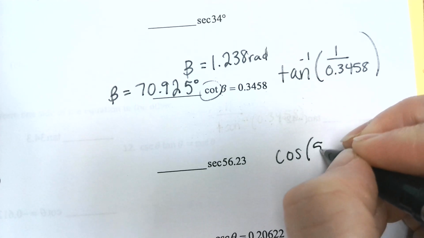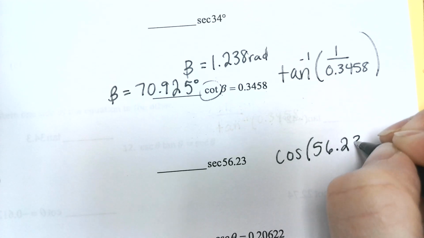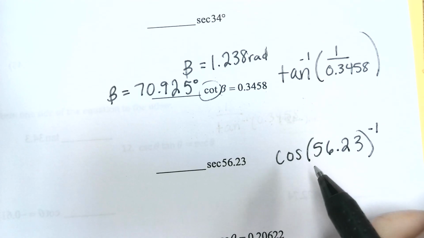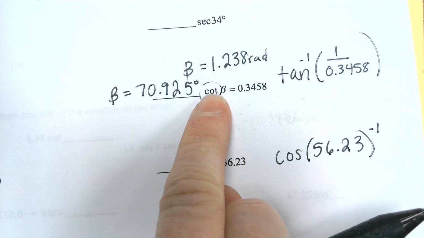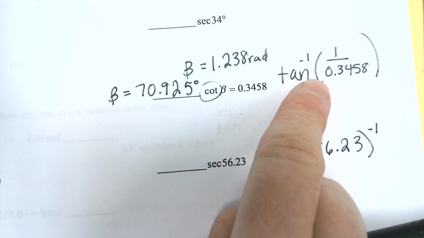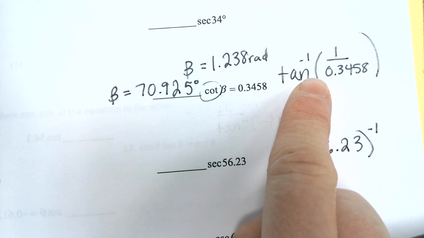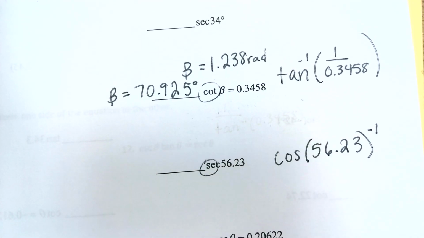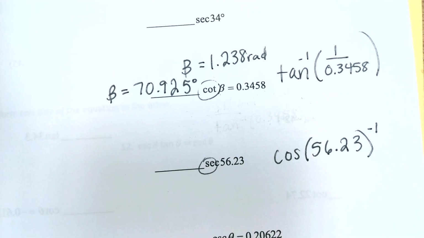Cosine 56.23 to the negative 1. Because the value that we're looking for is not an angle like this one, we're not doing the inverse tan function or inverse cosine function. We're doing this because of the secant.